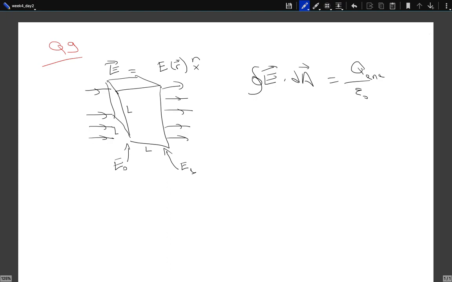If we can evaluate the integral of the electric field over this surface, then we can determine the charge. We don't know where the charge is. We don't know the charge distribution yet. But we can determine the total charge inside this cube, just using this much information.